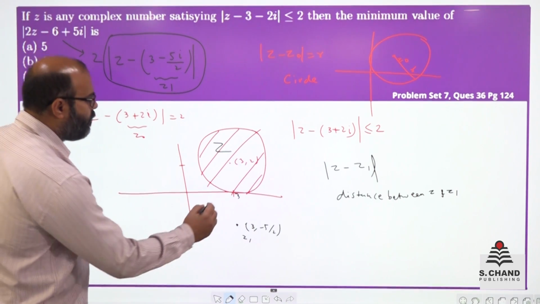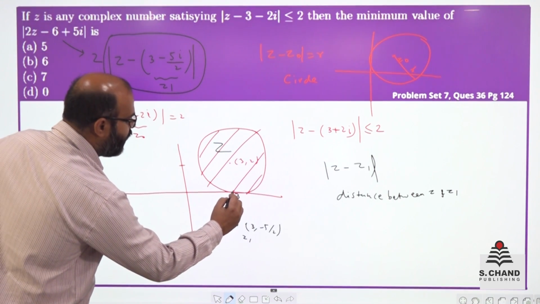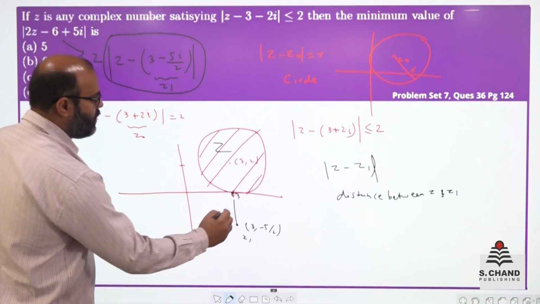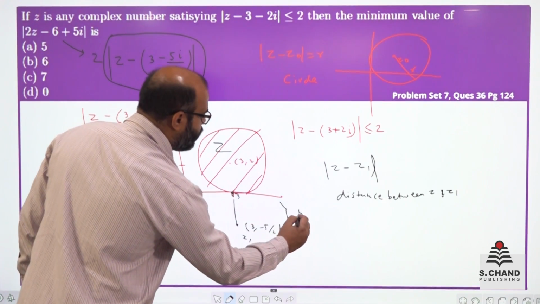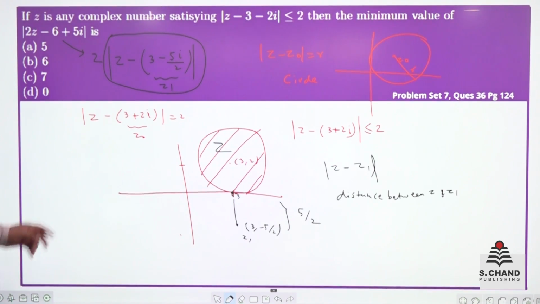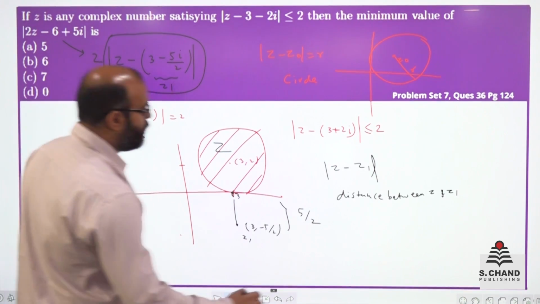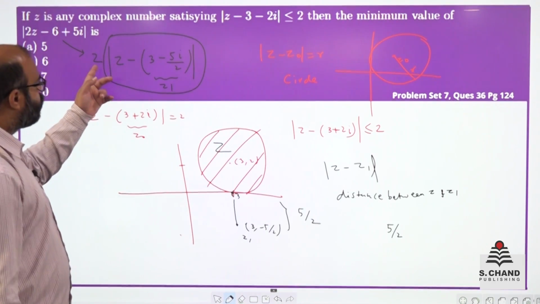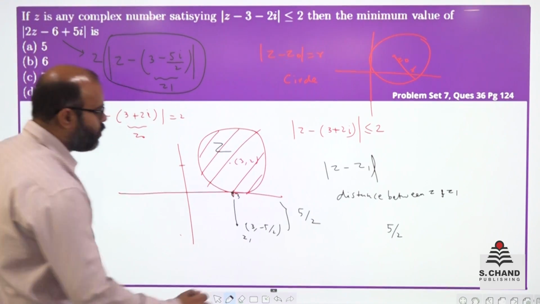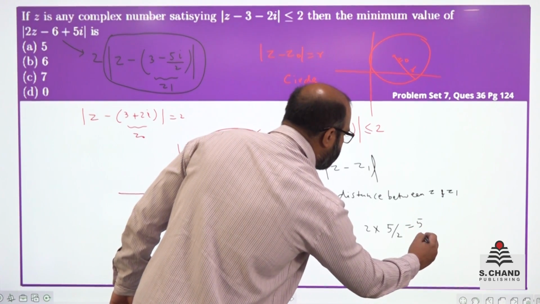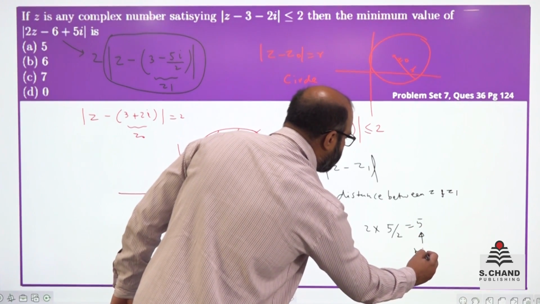When will it be minimum? When this point is taken, then this distance will be the minimum distance. And this distance is 5 by 2 units. Magnitude is 5 by 2. So you can say that the minimum distance is 5 by 2. But you have to multiply by 2 also, because 2 times this is given. So 2 into 5 by 2 is equal to 5. This is the minimum value.